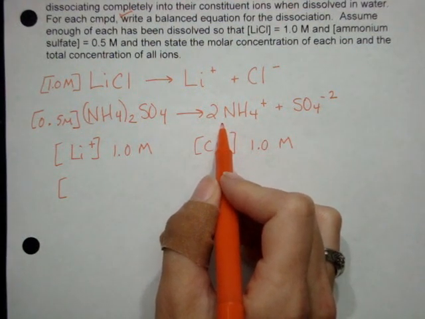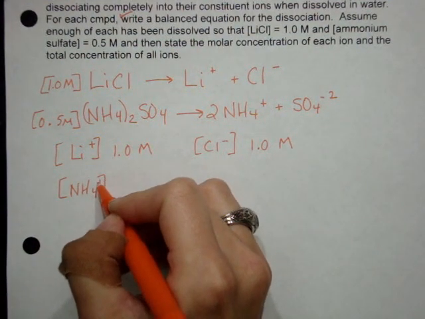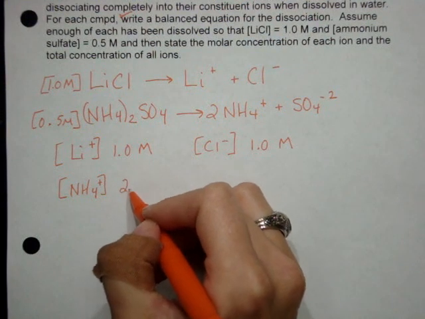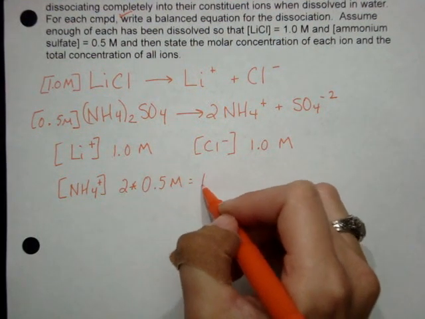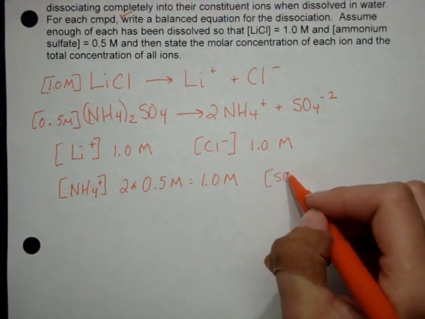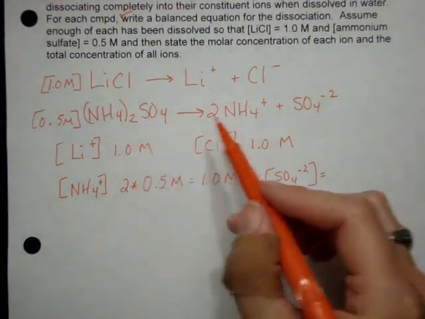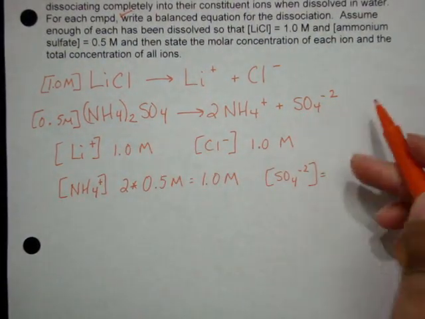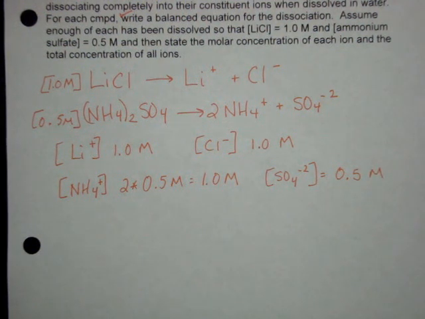So you actually have to double your concentration. So NH4+ is 2 times 0.5 molar, or 1.0 molar. The sulfate concentration: each ammonium sulfate only produces 1 sulfate, so it is the same as the original concentration, 0.5 molar.